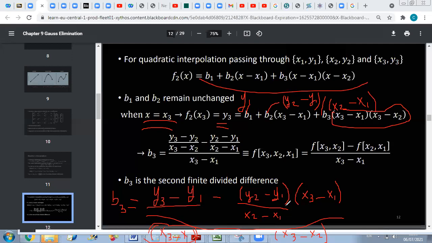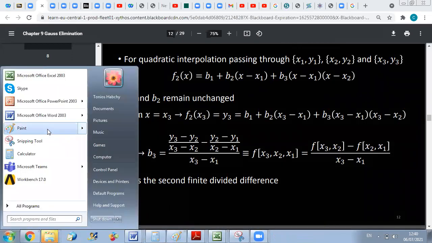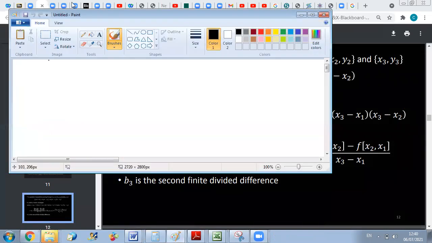We can divide each term of these by what is given. So let me put it on a white screen because we don't have a lot of space here and it will not be clear. Let me do it for you here.